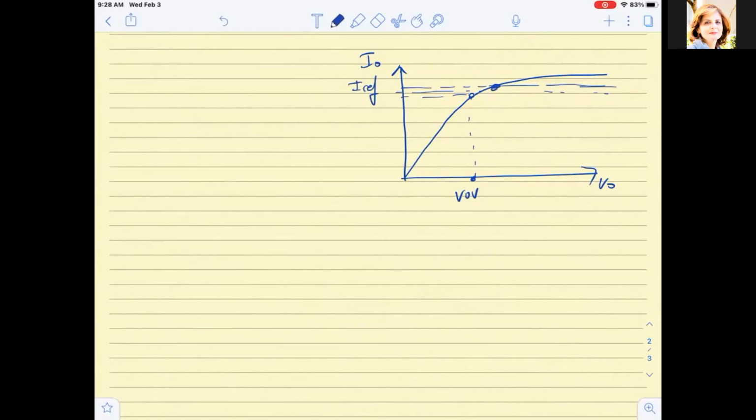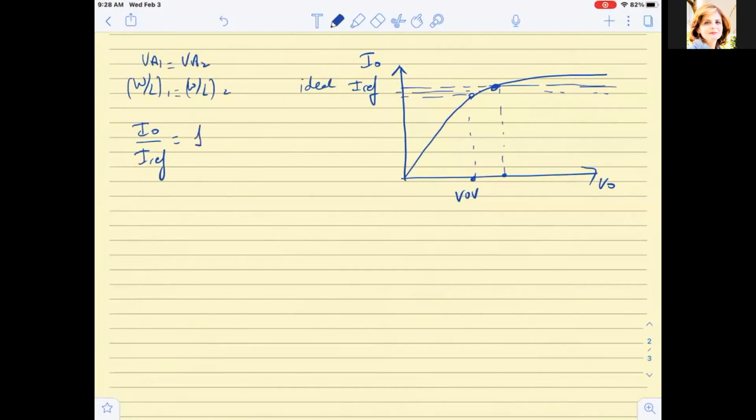At what voltage VO do I get the ideal IREF at the output? Let us write IO over IREF again. Here W by L equals 1 equals W by L2, and VA1 equals VA2.